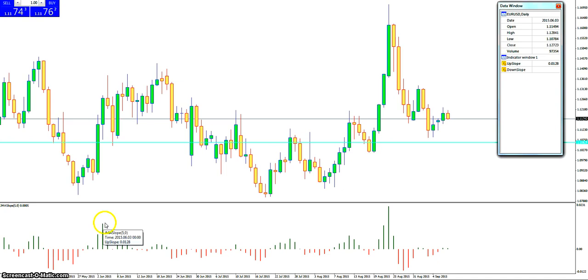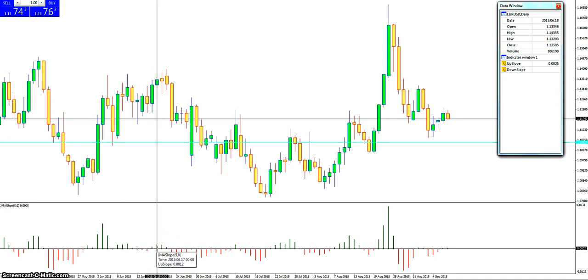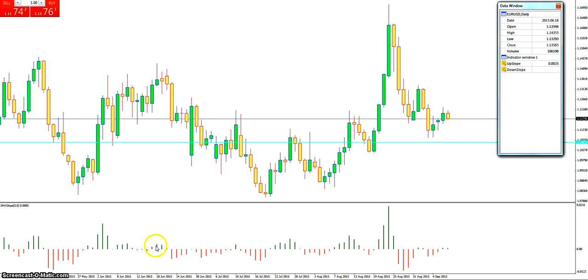Let us see another example of peak. This particular bar here is higher than the previous value. It is also higher than the next value. So this is a peak. These are actually easy to identify, but the difficult ones are something like this particular case here. Now, this is a red bar.